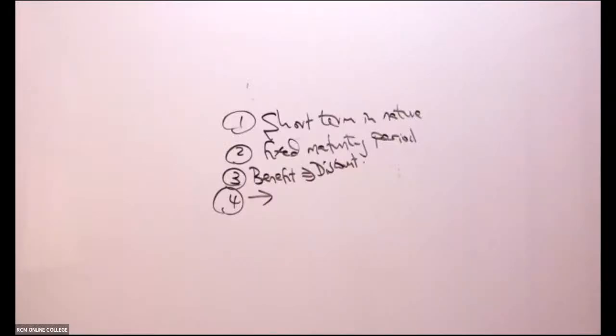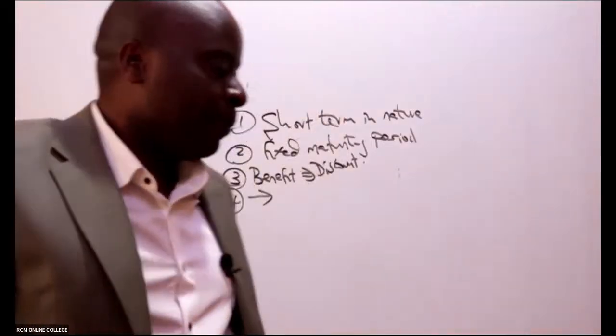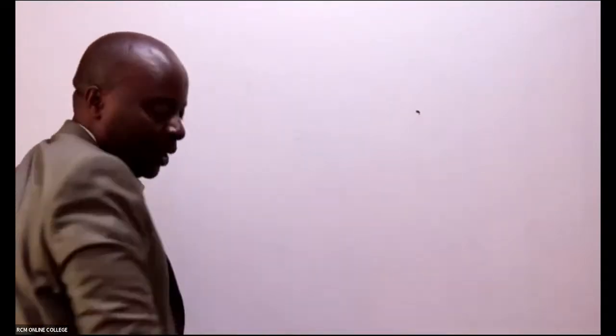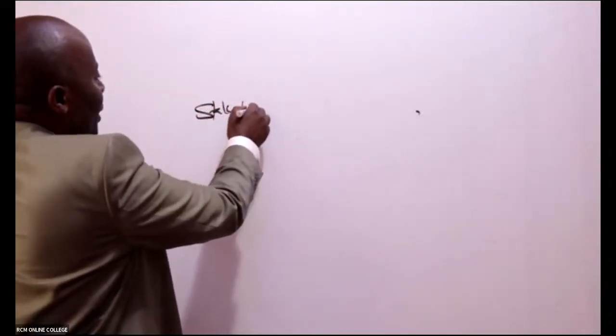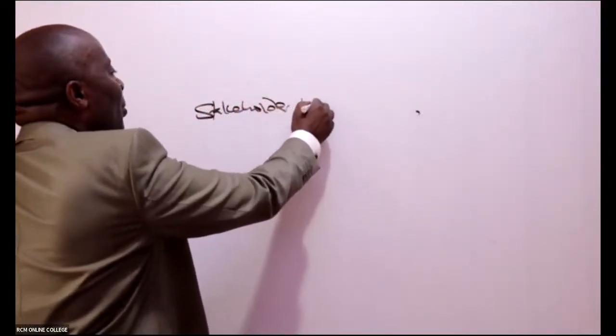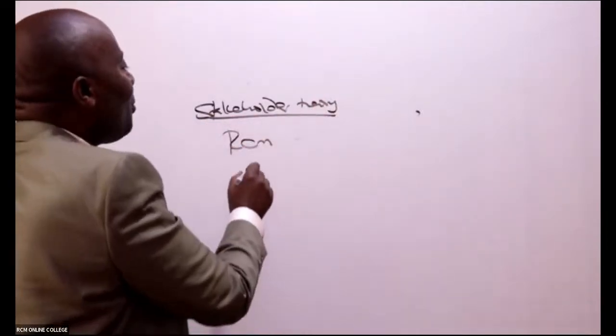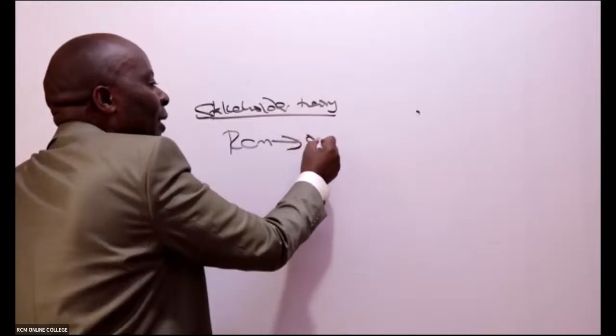Ladies and gentlemen, remember yesterday, I taught you something very important. It is called stakeholder theory. For example, when we run this college, RCM does not belong just to the owners, to the shareholders.